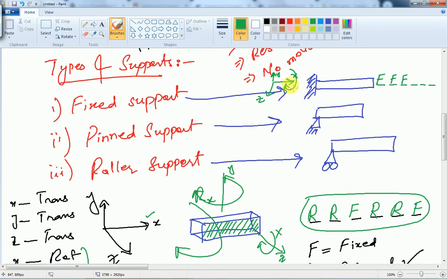It cannot rotate about the y-axis. This beam cannot rotate about the z-axis also. So it is totally fixed support, and we can write its fixity code as 6 times F.